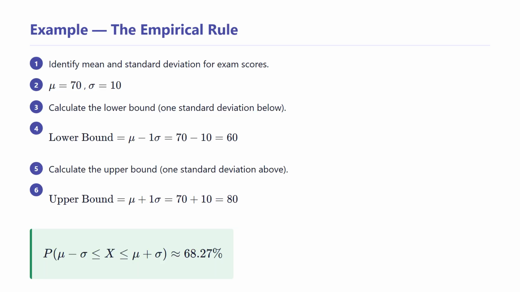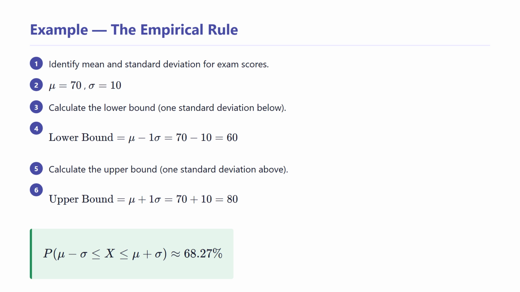Because integrating the Gaussian formula is highly complex, we often use a powerful shortcut called the empirical rule. Suppose exam scores follow a Gaussian distribution with a mean of 70 and a standard deviation of 10. What percentage of students scored between 60 and 80?